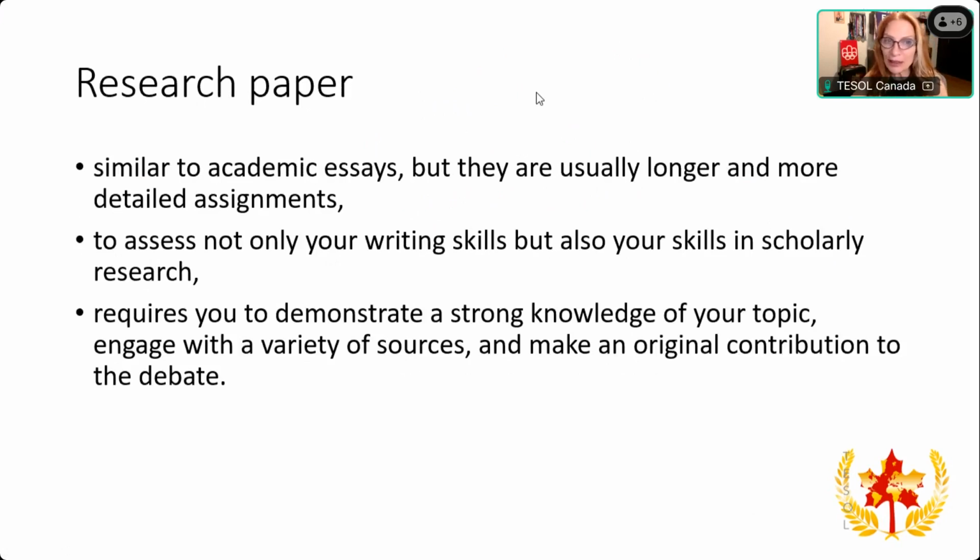Now, it is similar to an academic essay, but they're longer. And they are based usually on specific assignments. Now, the purpose of the research paper is not only to assess your skills as a researcher, but also to assess your skills in writing, how well you can use structure, how well you can select the appropriate vocabulary to express your ideas.